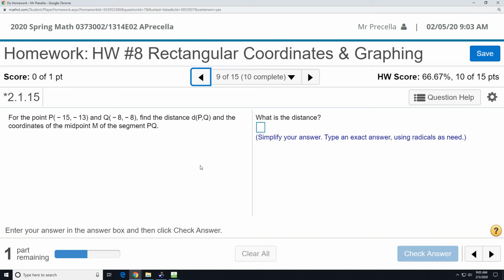Okay, so let me write it down, and then we'll do it without any justification of why it's working. So let's see. For the points P and Q, I'll just write down the P.